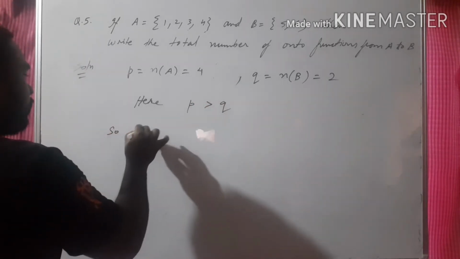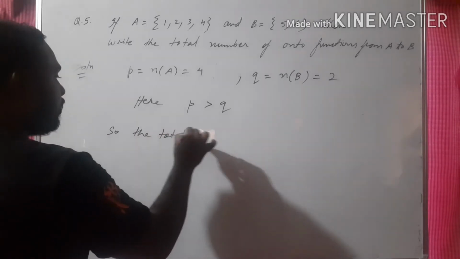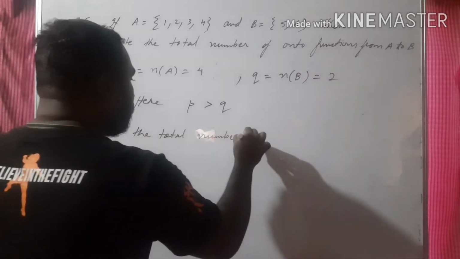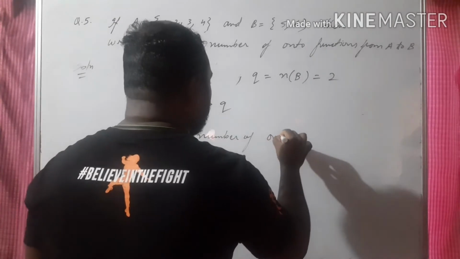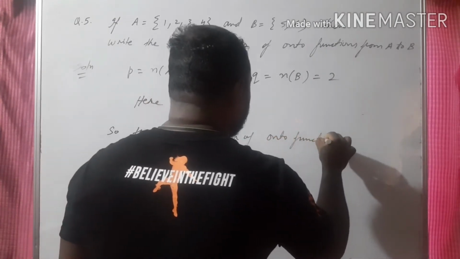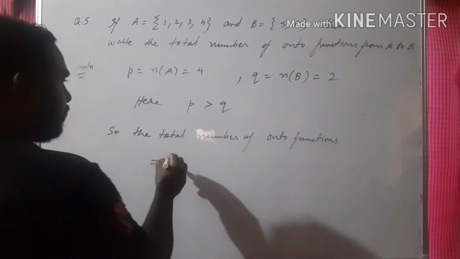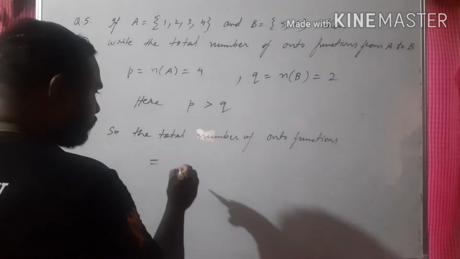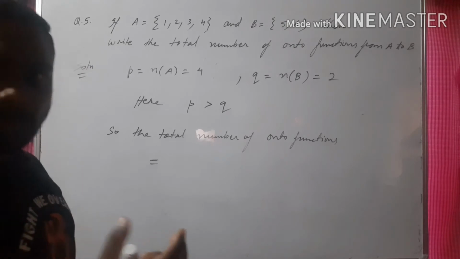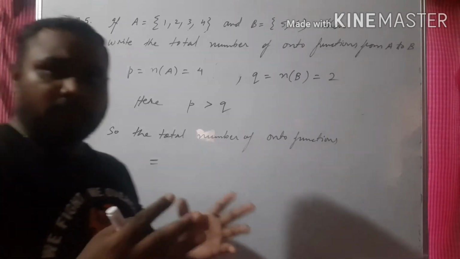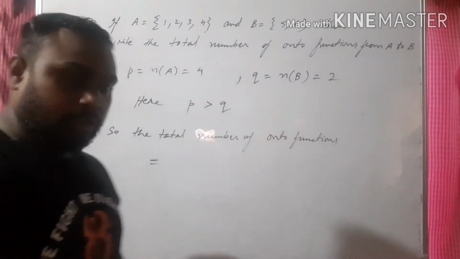So the total number of onto functions will be equal to, the formula was: first of all, from the total number of functions we have to subtract the remaining things.